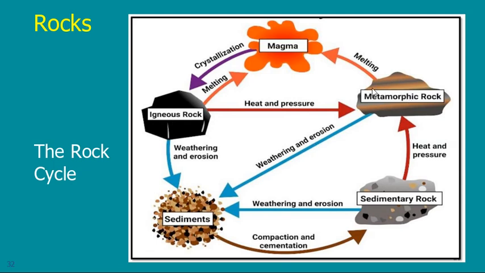So they can be ejected outside the earth, and if they are ejected outside the earth, the magma goes outside and changes into lava. So what happens when the magma changes into lava? Igneous rocks are formed.